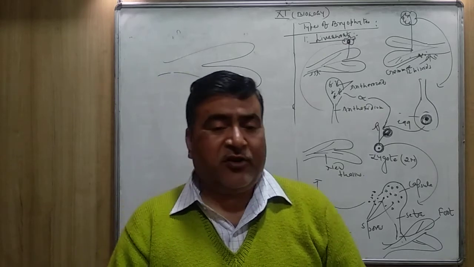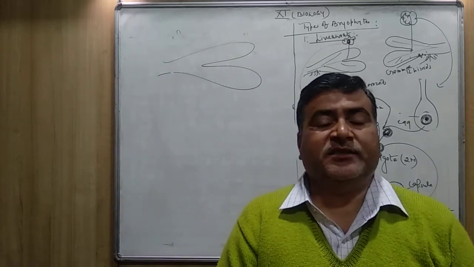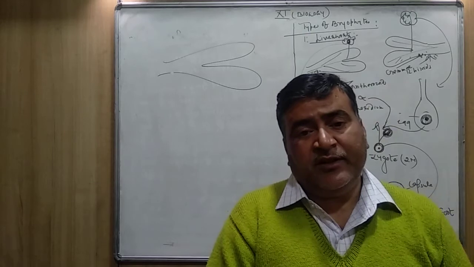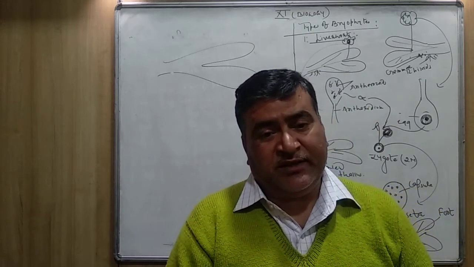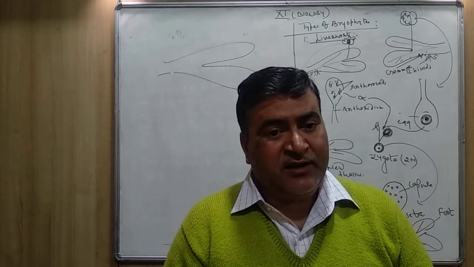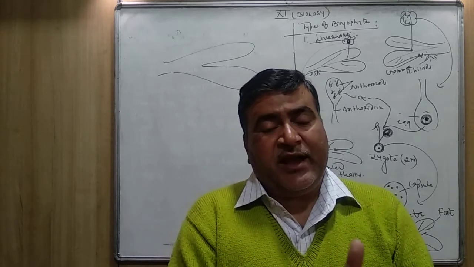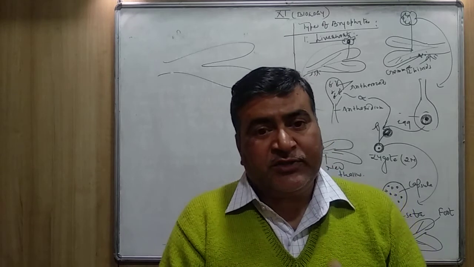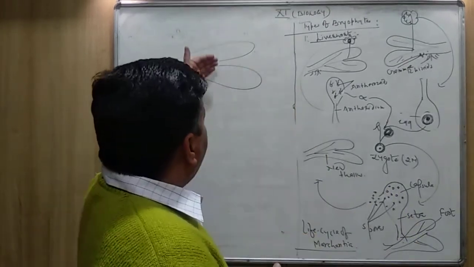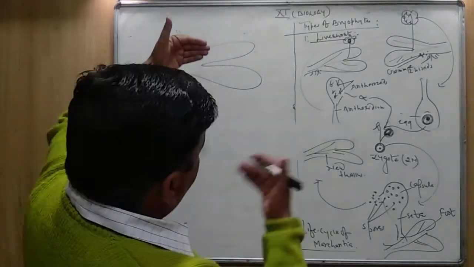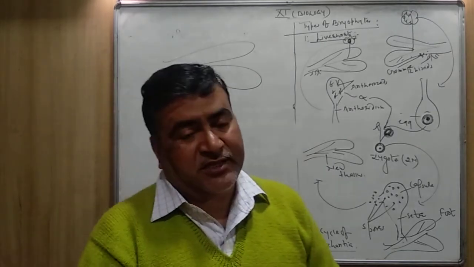Dorsiventral, we have already discussed, means it has two surfaces, the dorsal and ventral. The back is called dorsal, and the front one is called ventral. So how many surfaces does the thallus have? Two surfaces. Suppose this one is the ventral surface, just on the back it will be the dorsal surface.